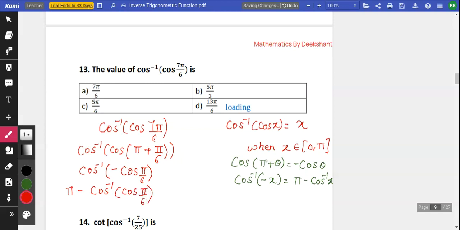Pi by 6 is lying in the range of 0 to pi. So it will become pi minus pi by 6. After solving this, it becomes 5 pi by 6. Therefore, correct answer is option C.